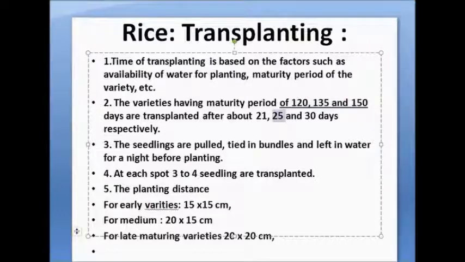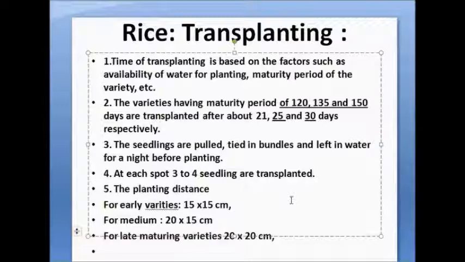If the duration of plant is 150 days, then transplanting of seedling is to be done 30 days after growth of the plant, means 30 days nursery. Okay, so in general, transplanting of seedlings is to be done after 21 to 30 days of its growth in the nurseries.